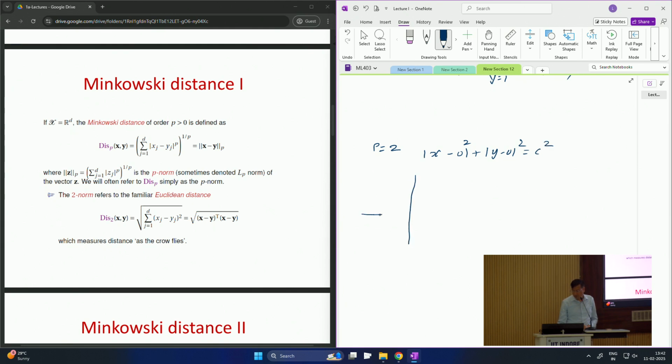So we were getting this to be the circle of radius 1, and if the distance was square root 2, that was getting a radius of square root 2. Correct? This is what we were doing, and then we had drawn all that.